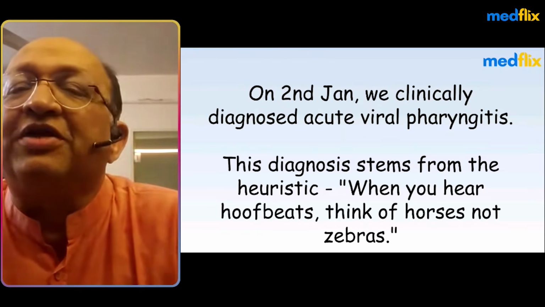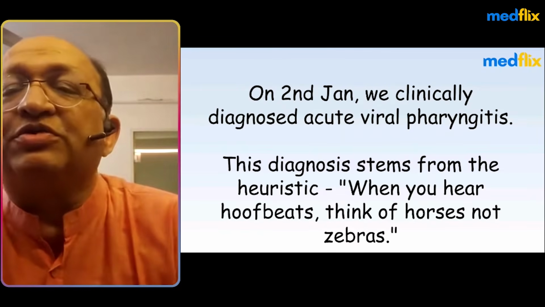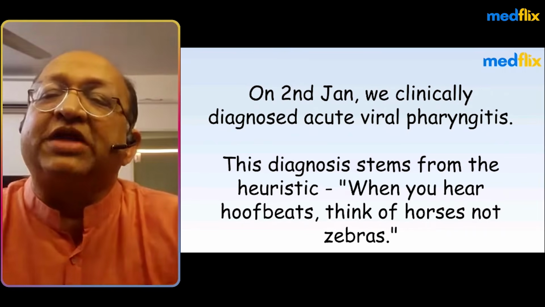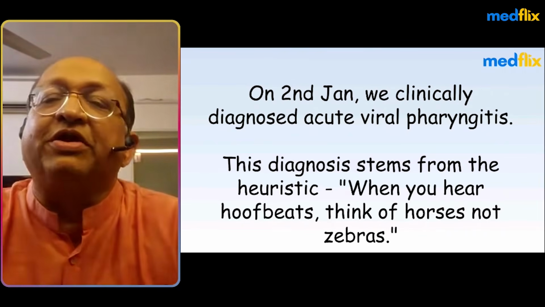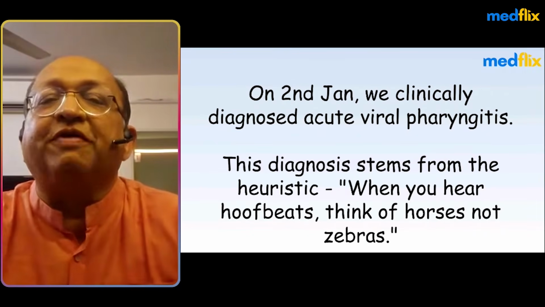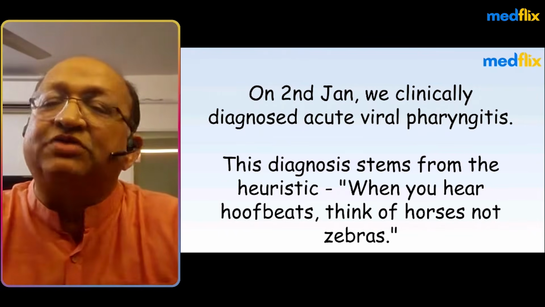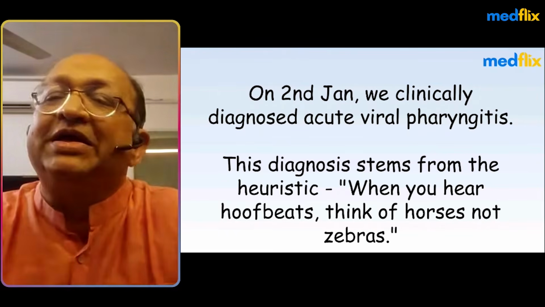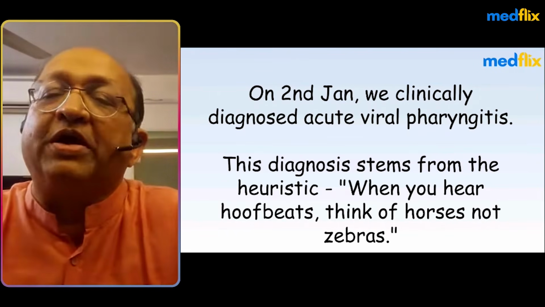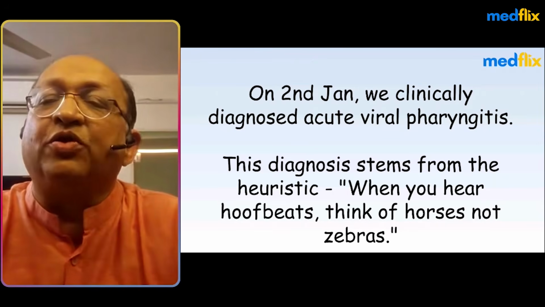On 2nd of January, this was our diagnosis, and the diagnosis stems from the heuristic: when you hear hoofbeats, think of horses. So viral pharyngitis was our horse. Diphtheria, for example, would be a zebra in a 29-year-old.